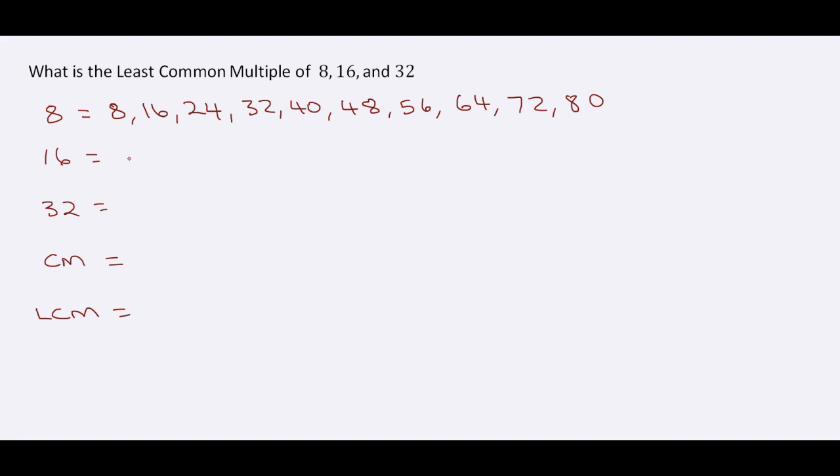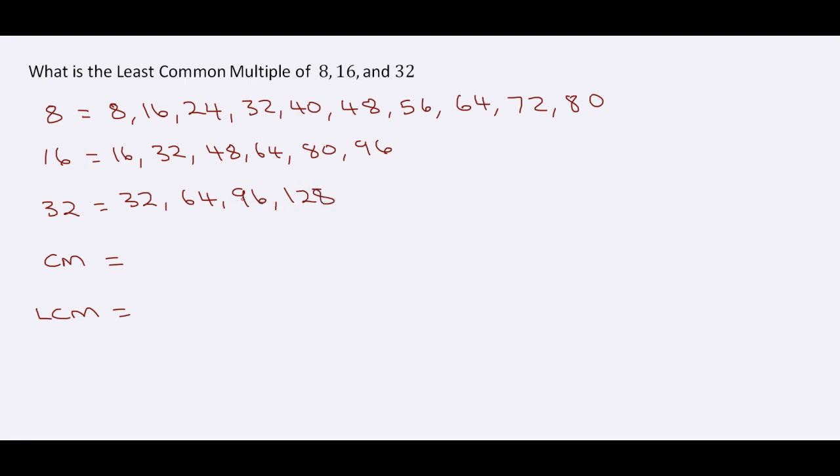Okay, 16 by 1, 16, by 2, 32, by 3, 48, by 4, 64, by 5, 80, by 6, 96. 32 by 1, 32, by 2, 64, by 3, 96, by 4, 128.